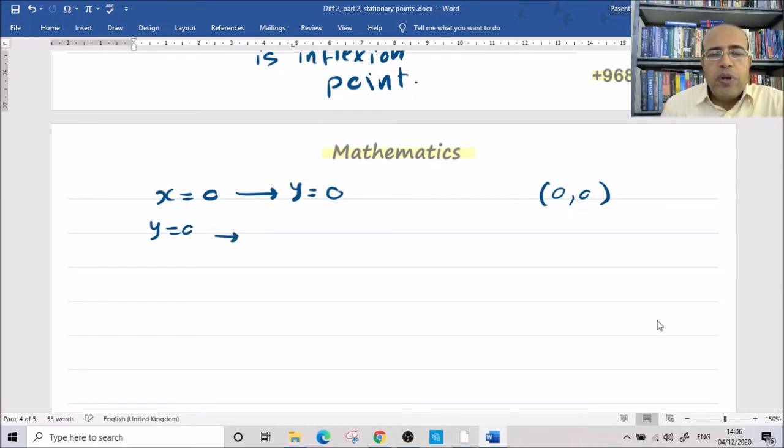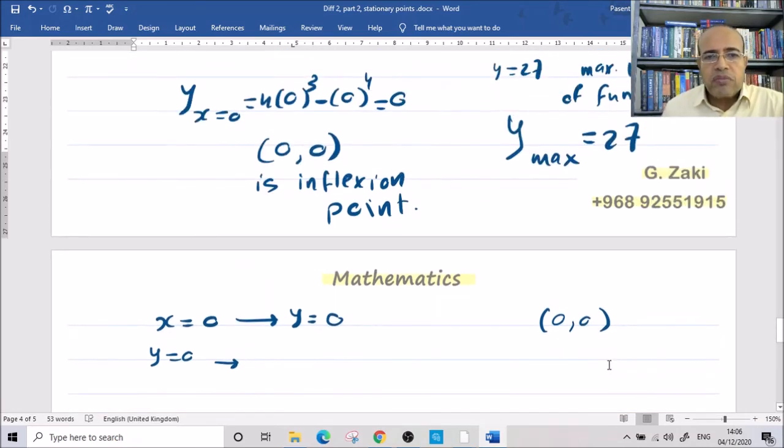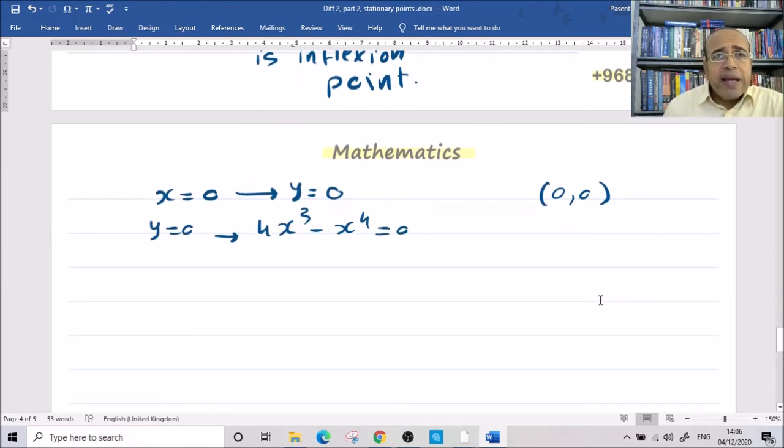Now, when y equals 0, 4x cubed minus x to the power 4 equals 0. We take x cubed as the common factor. So it's x cubed times (4 minus x) equals 0.